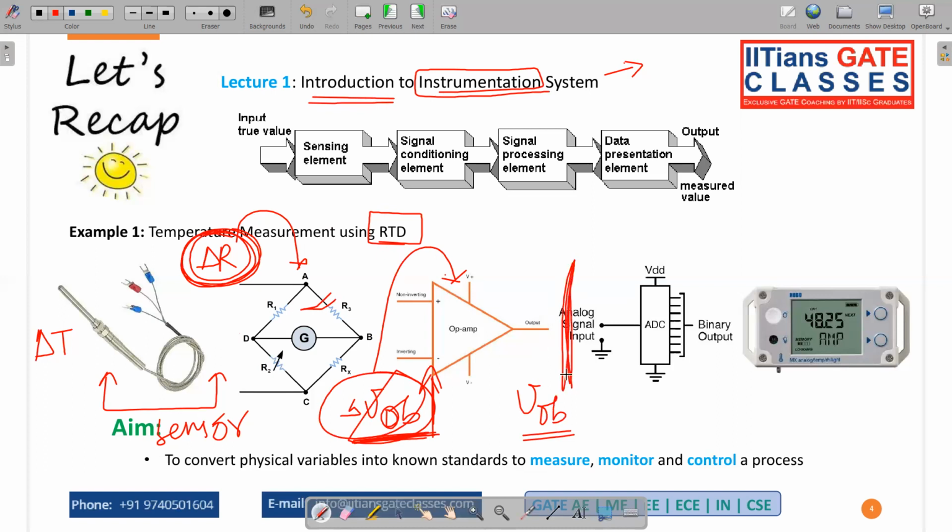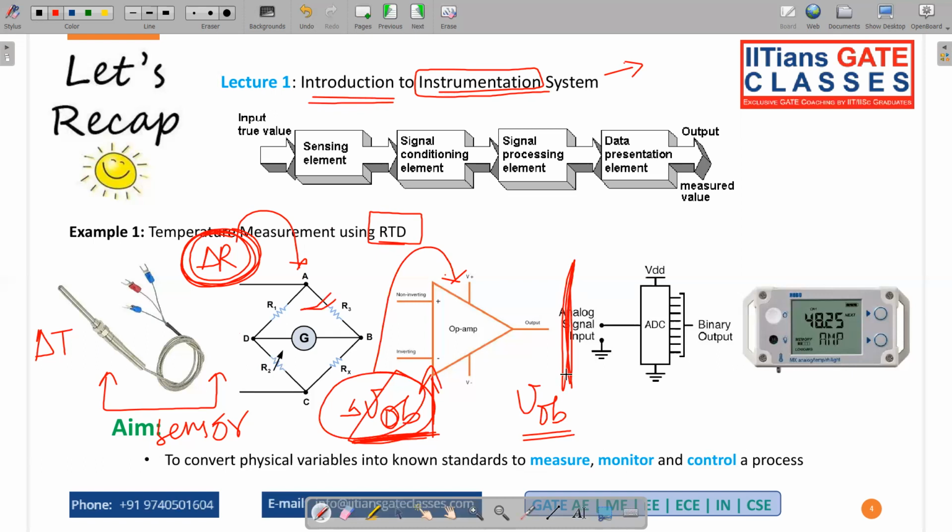Our signal is already in a good condition to be processed. This is the meaning of signal conditioning circuit. The signal conditioning circuit is a circuit that is used to put the signal in a condition for further processing, right? If the strength is good and it is in a suitable format, then we can say the signal is already in a good condition for processing.